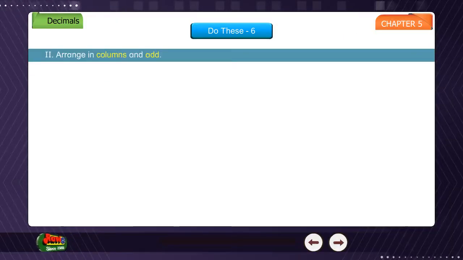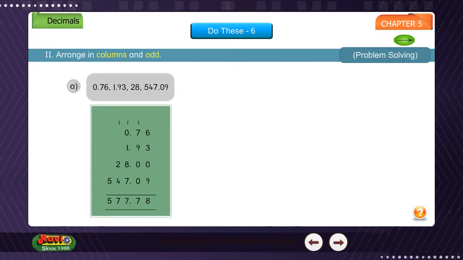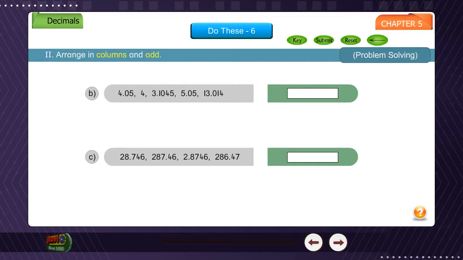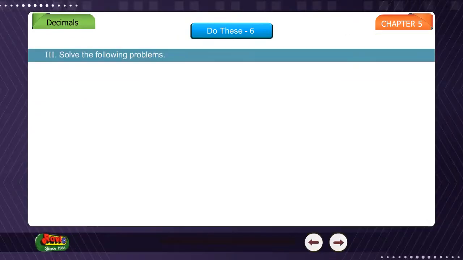Arrange in columns and add. Problem solving. 3. Solve the following problems. Problem solving.